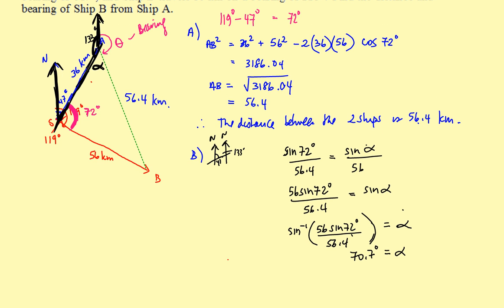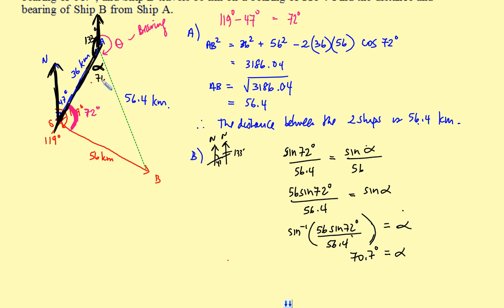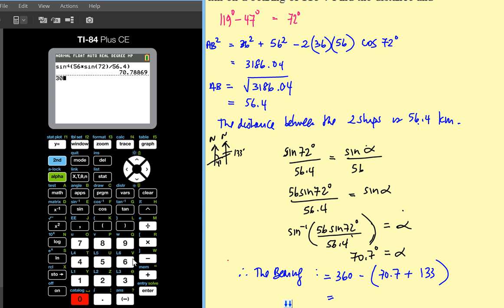Now my final step here is, because this is now 70.7, all I have to do is say, therefore, the bearing is going to be 360 degrees minus the sum of 70.7 plus 133. So I will do 360 minus 70.7 and then minus 133.